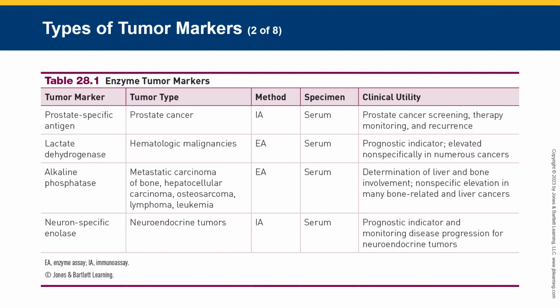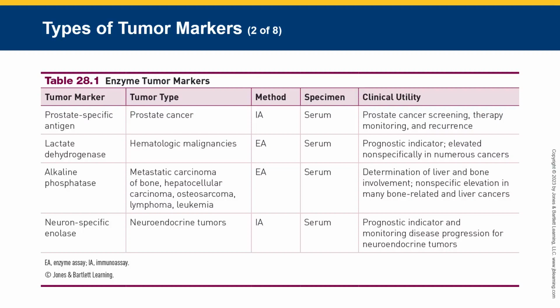Alkaline phosphatase, metastatic carcinoma of bone, hepatocellular carcinoma, so again, liver cell cancer, osteosarcoma, osteo is referring to bone, lymphoma, and leukemia. So lymphoma is referring to the lymph nodes or lymphatic system tissue.